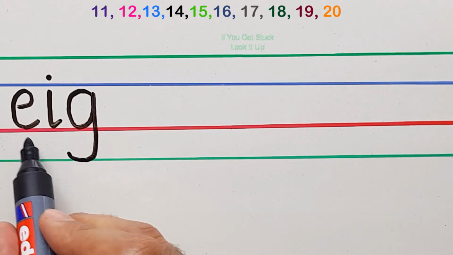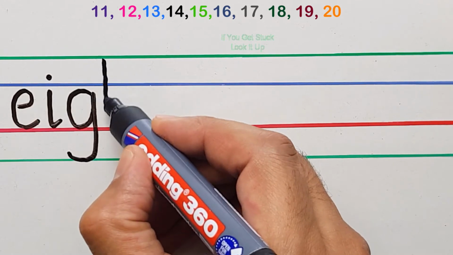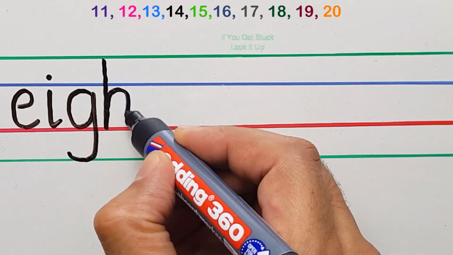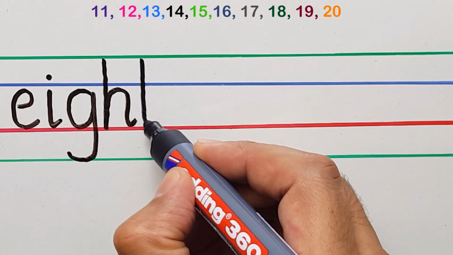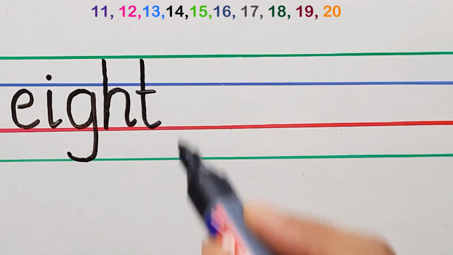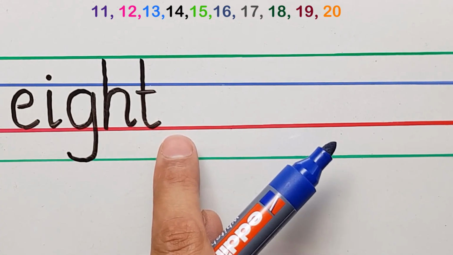So that's E, I, G. H is a tall letter, and then you have your T. So you have 8, and then you have teen.